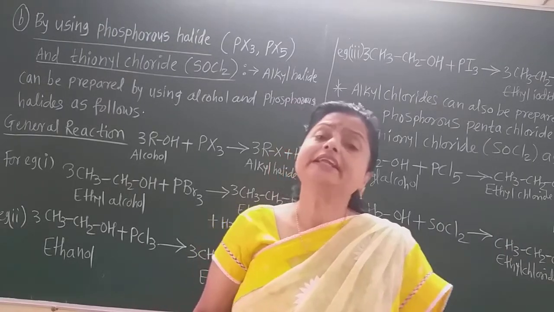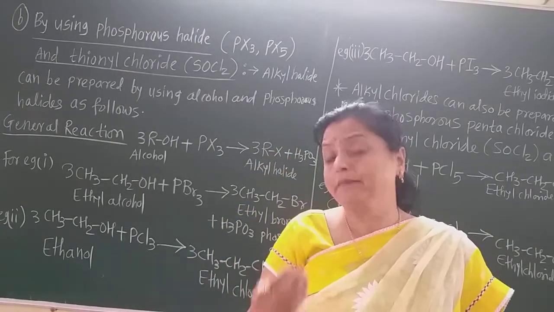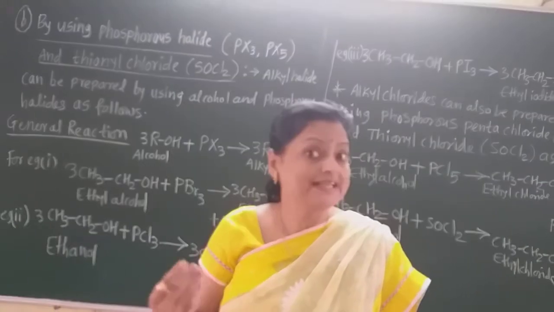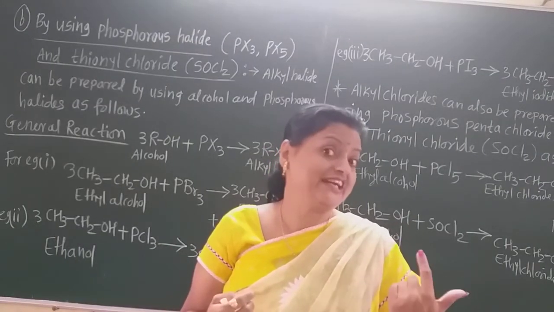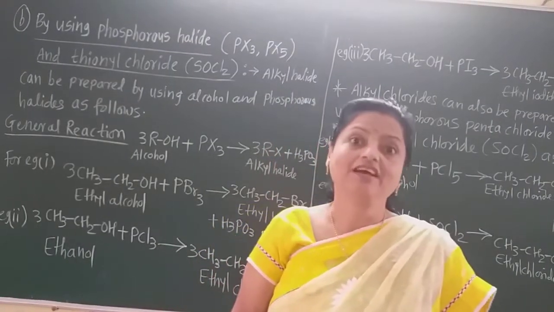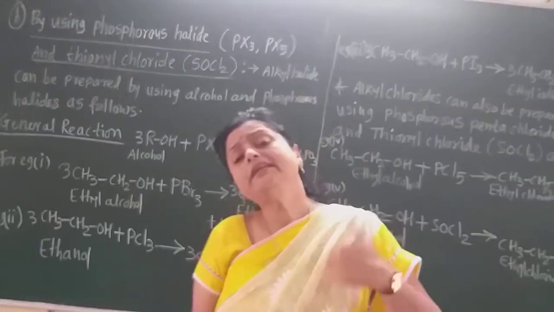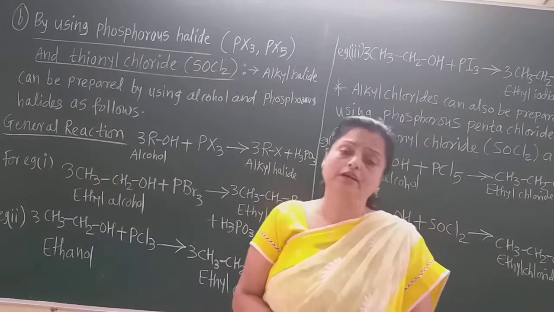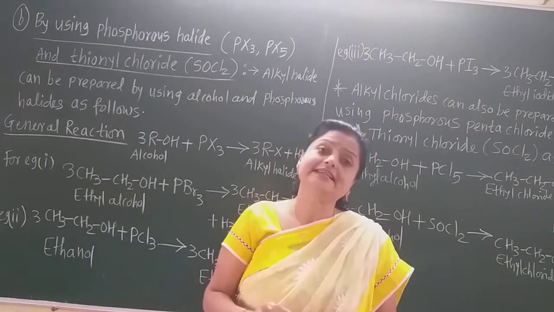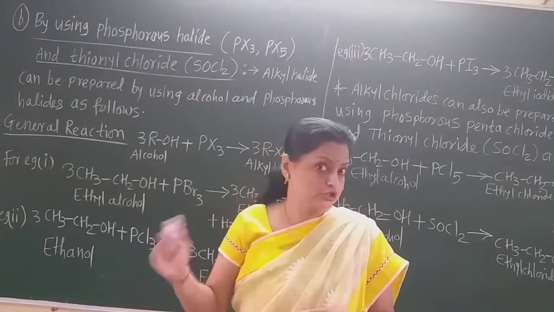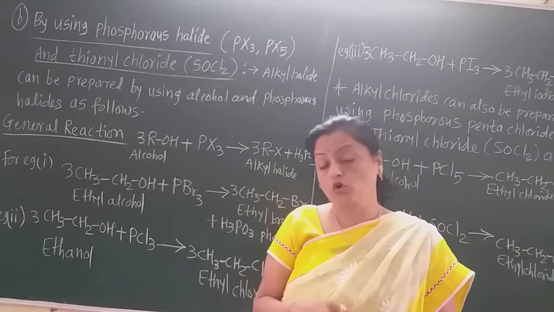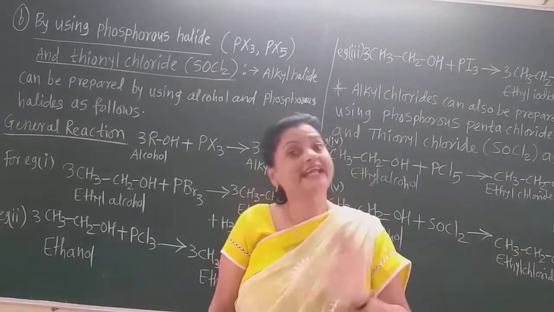You know that in case we have to prepare alkyl chlorides, what will be the condition? Anhydrous zinc chloride will be there and alcohol reacts with the HCl. Now in case of bromide, what will be the conditions? That is the action of NaBr plus H2SO4. Then we obtain the alkyl bromides when we react alcohol and HBr.